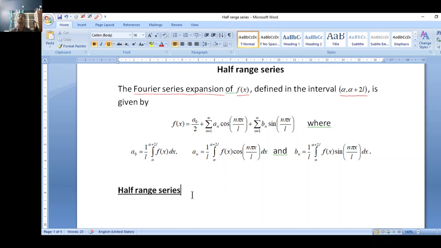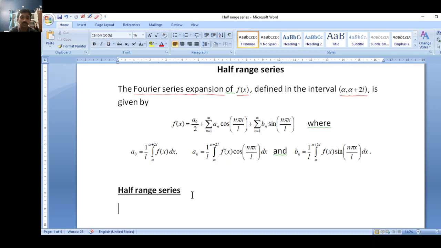However, if the given function is neither odd nor even, then its Fourier series expansion may contain both sine and cosine terms. Now the question is what could be done if we need the Fourier series expansion of a given function which is neither odd nor even to have only cosine terms or only sine terms. And the answer to that is to construct something called the half range series expansion of the given function.